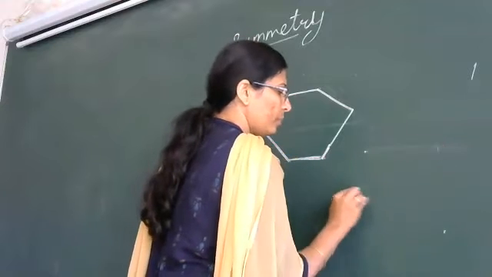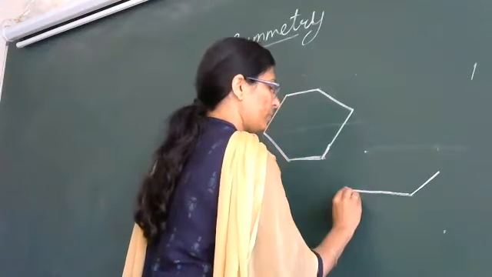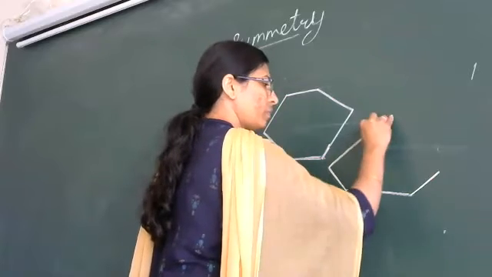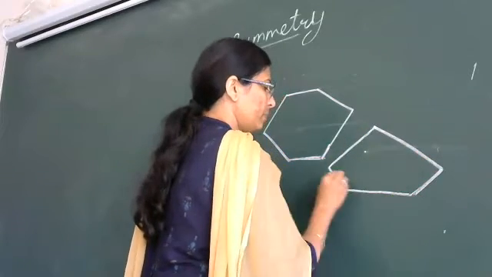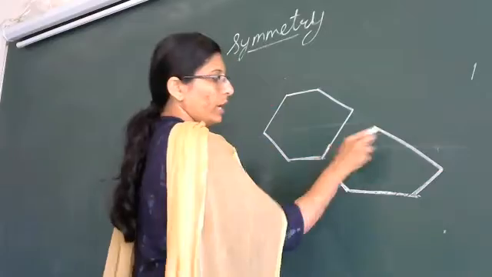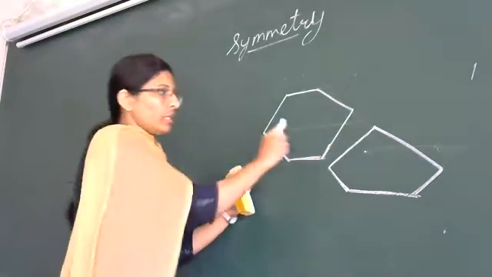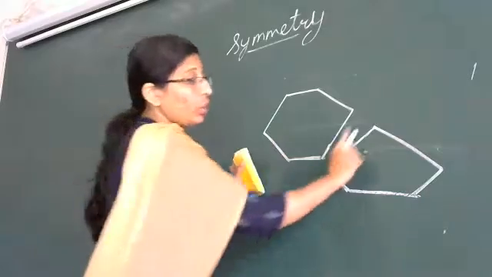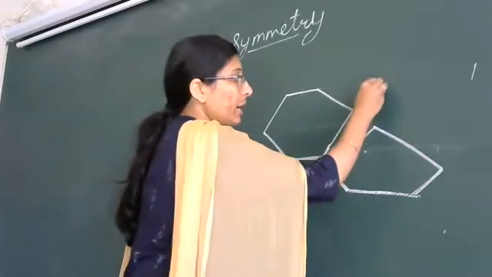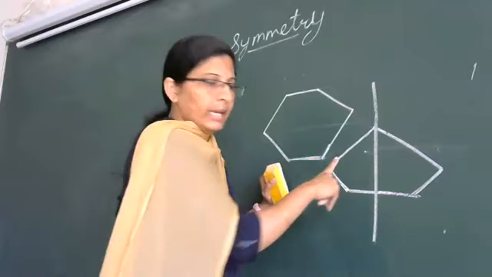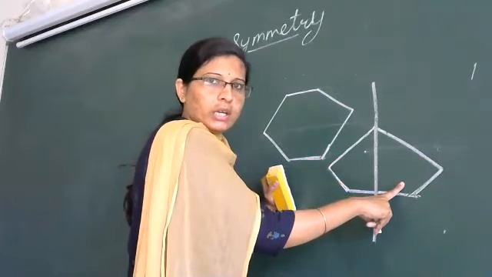Yes, I will draw your diagram. This is a pentagon: 1, 2, 3, 4, 5. 5 sides, pentagon. 6 sides, hexagon. Now this is a pentagon. If I draw an axis in the middle, we get one axis of symmetry.